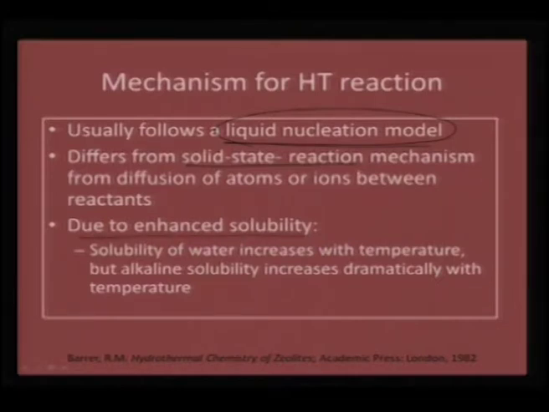The solubility of water increases with temperature, and if we are going to add alkaline solvent like hydroxide, then the solubility will dramatically increase with temperature, and thereby this nucleation process can be enhanced or moderated.